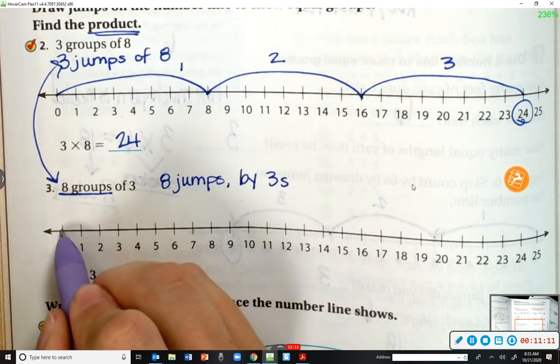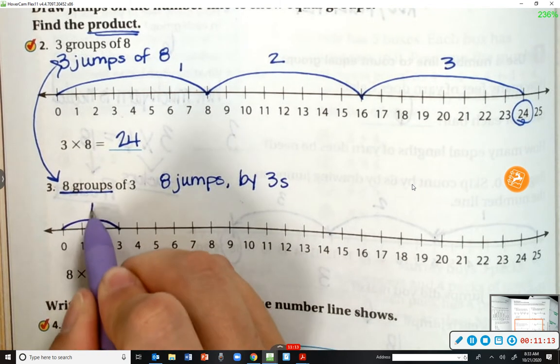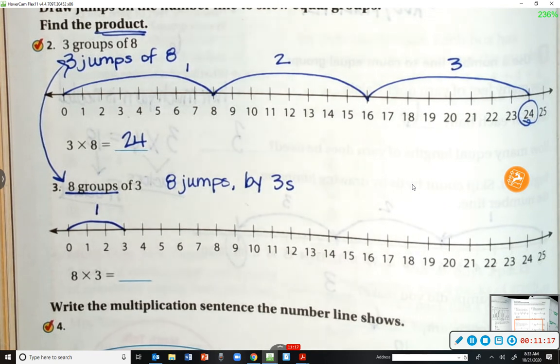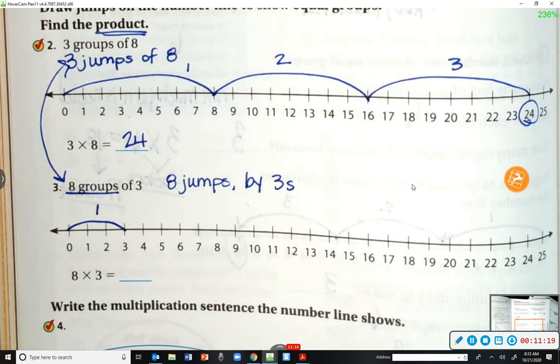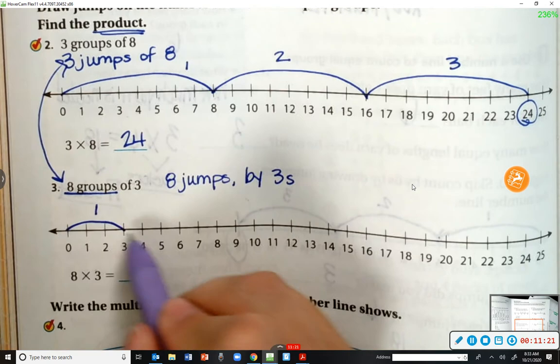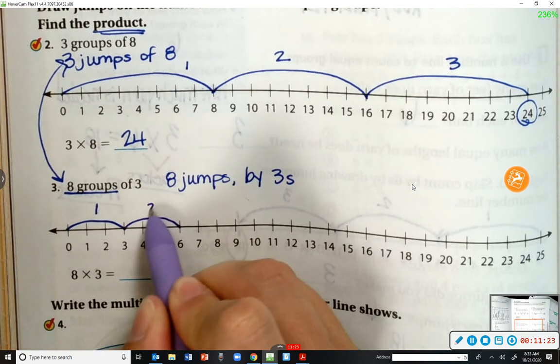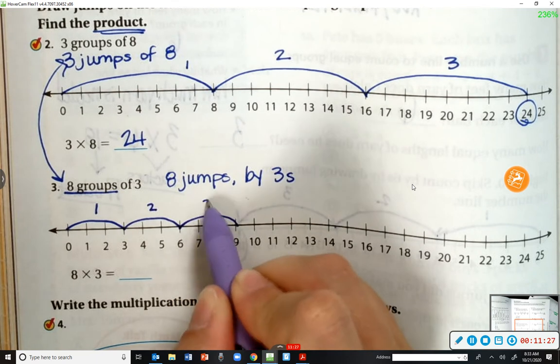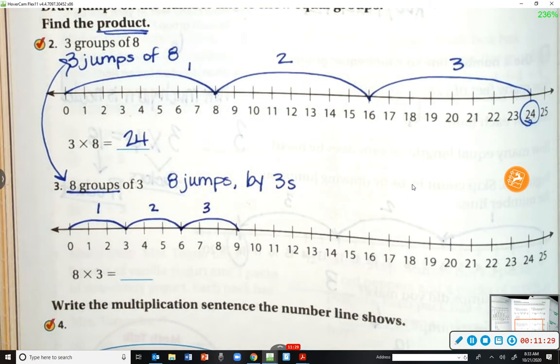Okay, so my first jump goes from 0 to 3. Where would my second jump land? It will land at 6. 6, good. So that's 2. Then I would go from 6 to 9. Where would my next jump land?